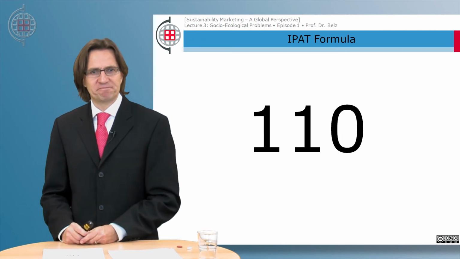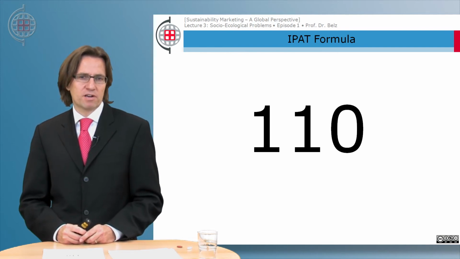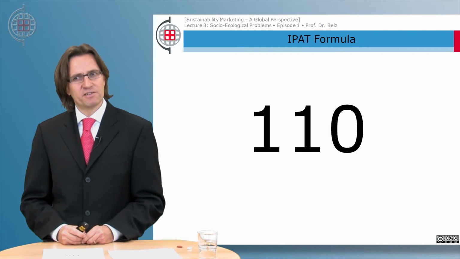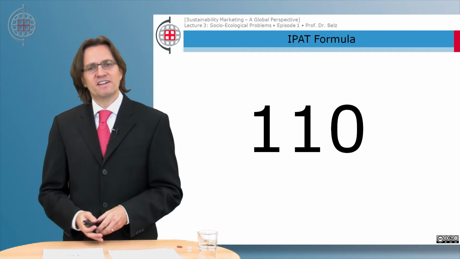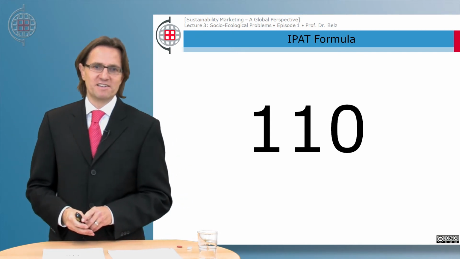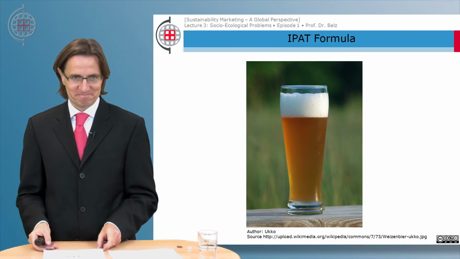Not a bad guess. Some might guess it's the water consumption per capita or per household in countries like Germany. Not a bad guess either. But actually, this is the beer consumption per capita and year in Germany, as you can see here.